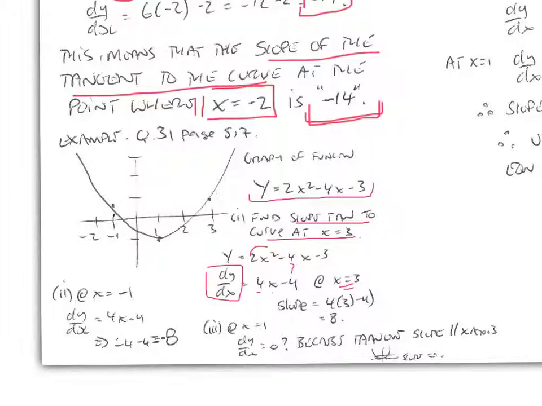At x equals 3, plug 3 in, the slope is 8. The slope of the tangent to the curve at x equals 3 is equal to 8. Then find the slope of the tangent to the curve at x equals minus 1. Again, dy/dx is 4x minus 4, plug in minus 1 for x, and we get minus 8.